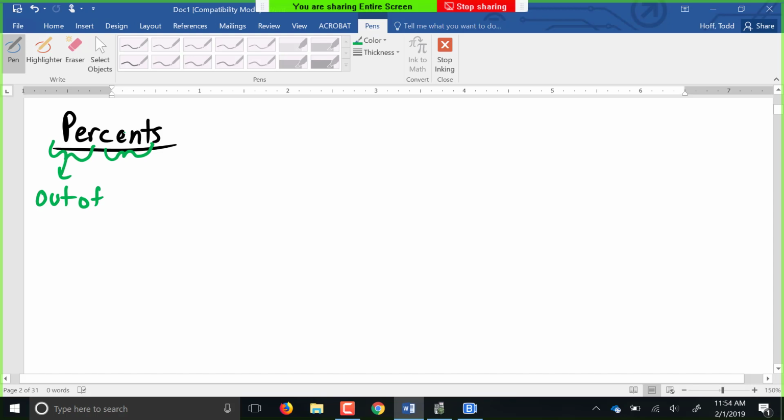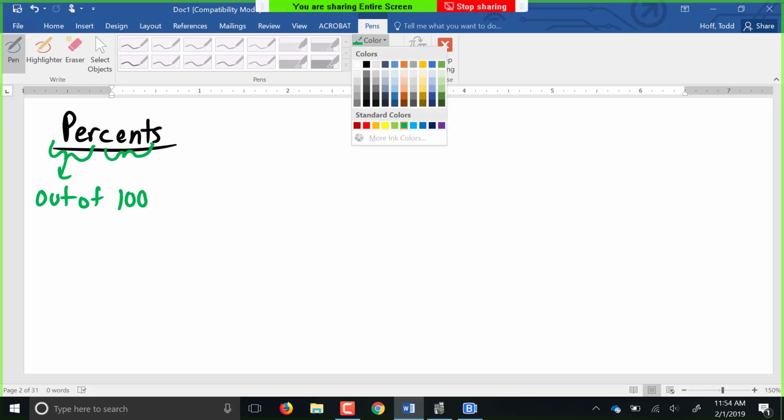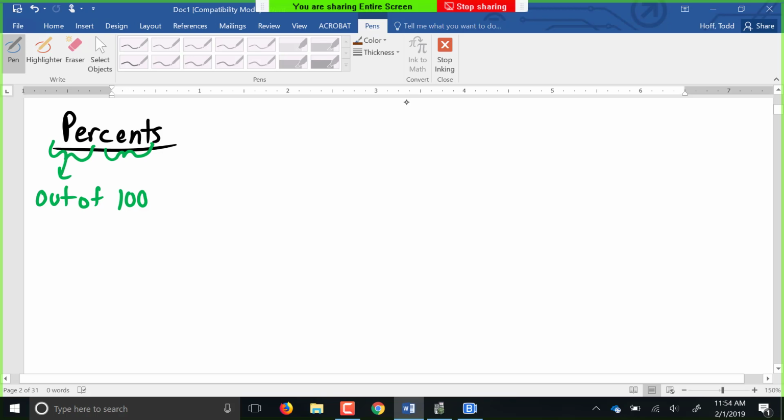Cent, if you think of cents in a dollar or years in a century, it's 100. So percent means out of 100. If we look at something like 38%, that literally means 38 out of 100.